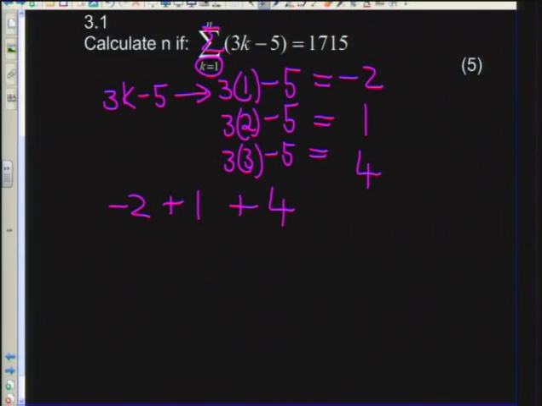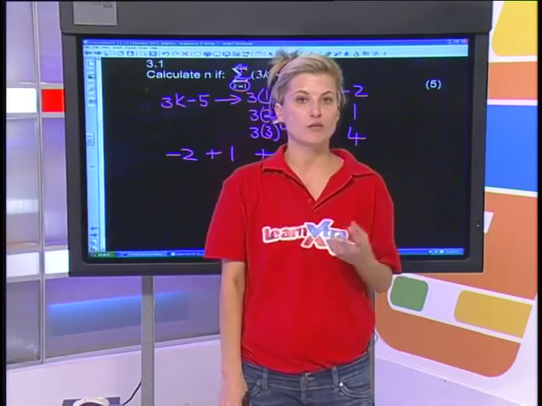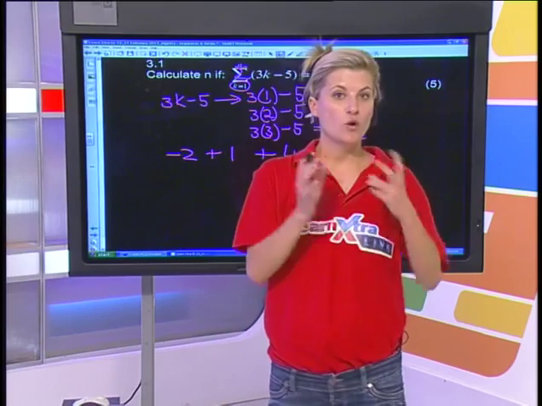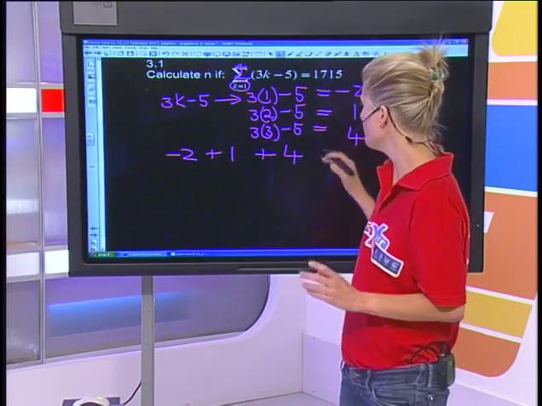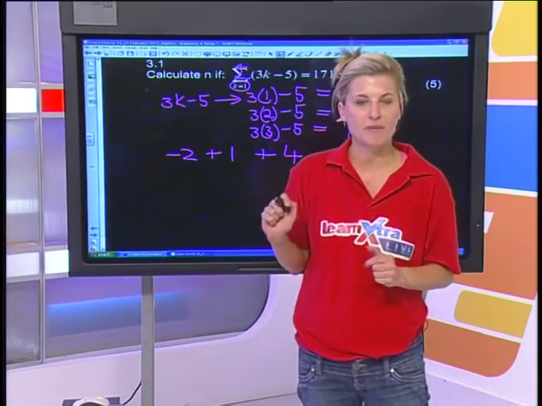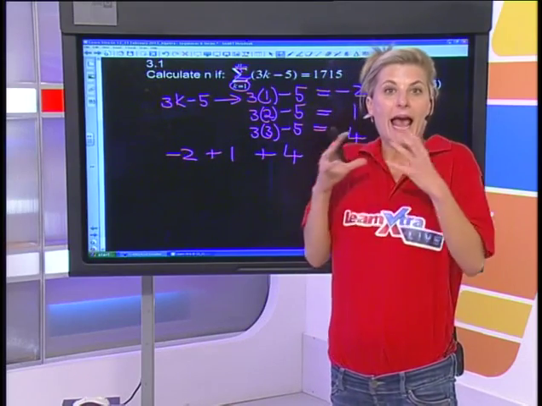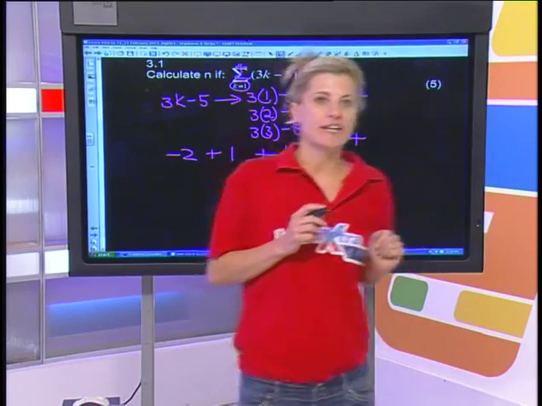So once you've done the expansion, it is important to decide whether you are working with arithmetic or geometric. Now, this number pattern is very clearly arithmetic, as from one term to the next, I am adding. There's another easy way to see.